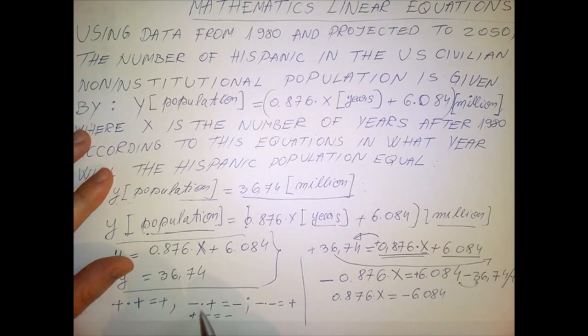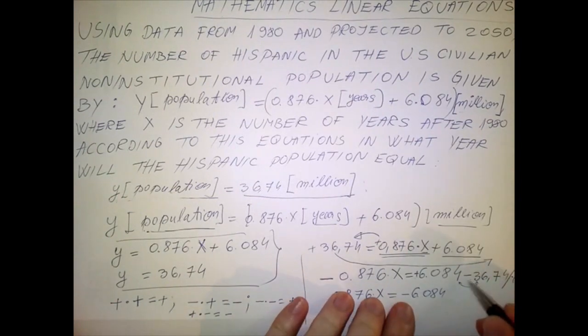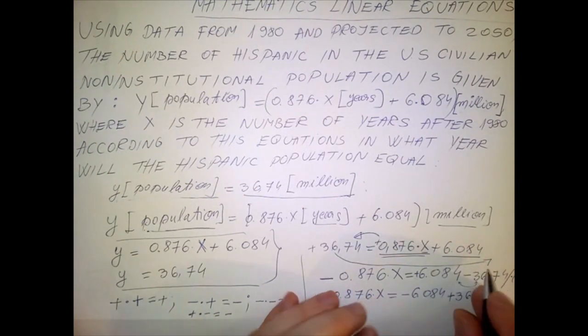When we multiply different signs, the result is minus. And here we have minus, it will be plus 36.74.